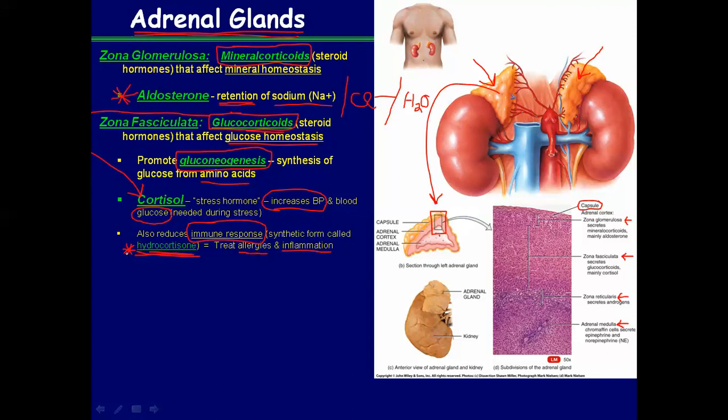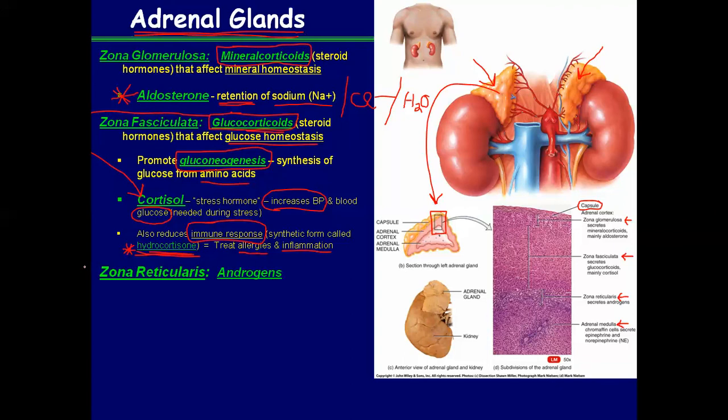If you've ever had an allergic reaction on your skin, we can use hydrocortisone creams. We can inject cortisone into joints to treat the inflammation in your joints. We can give it as an inhaled steroid to treat inflammation of your lungs and airways. So this is a very useful drug which was designed as a mimic of cortisol. So that's an important hormone and drug.